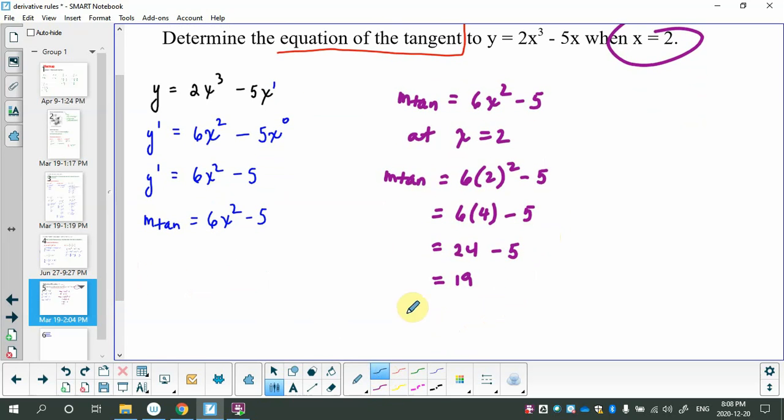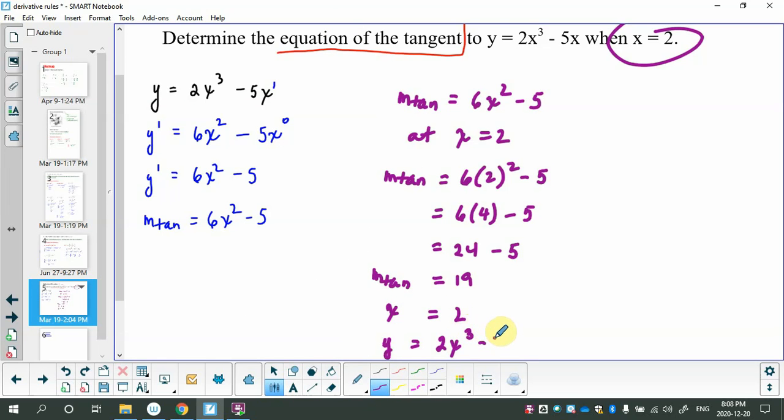I'm going to do it in black because this purple was kind of wide. So therefore, oh, did you notice? It says equation of the tangent. I'm not done. All I've got is the slope of the tangent. If I need an equation, I need a slope, I need an x, and I need a y. Well, my y is this.